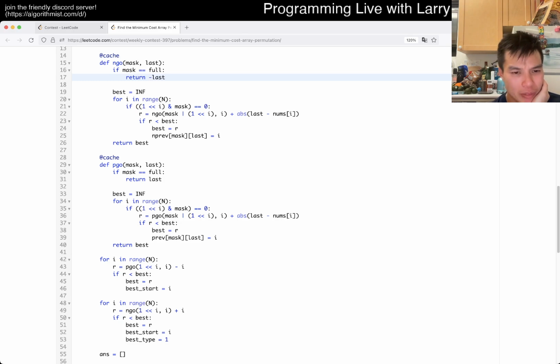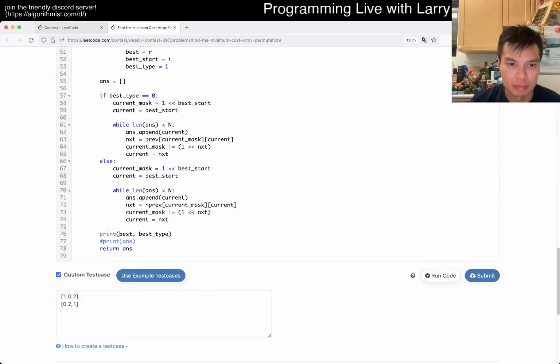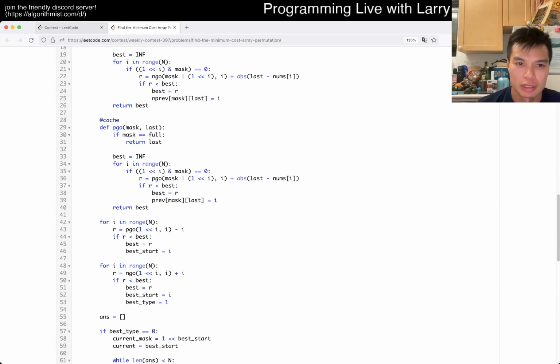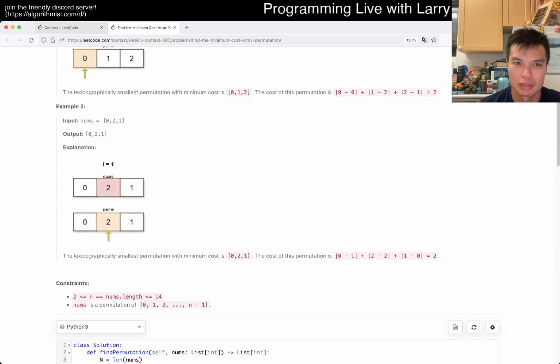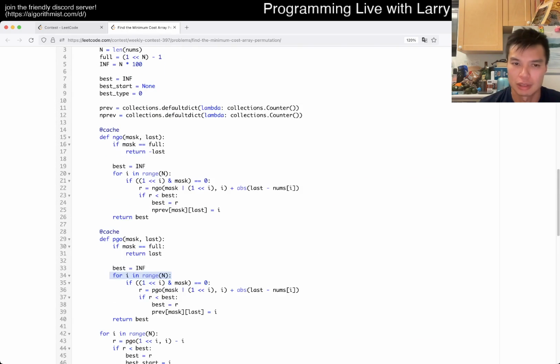How did I factor that in? Without. Can I get rid of this for loop? Probably not. Not the way that this is done.